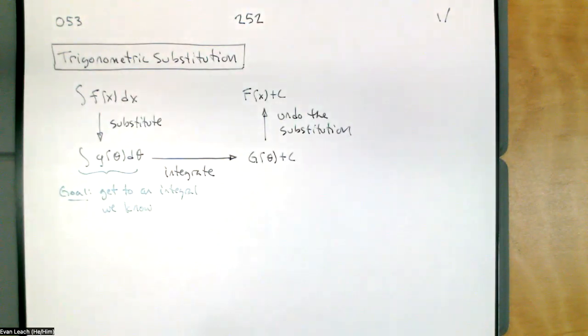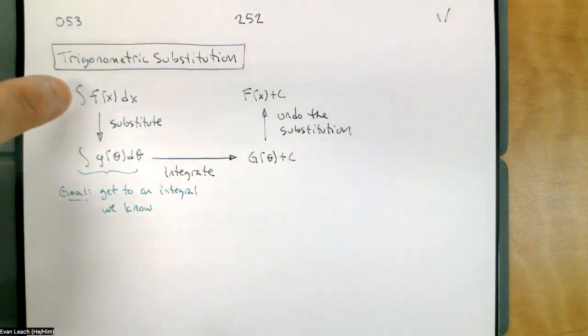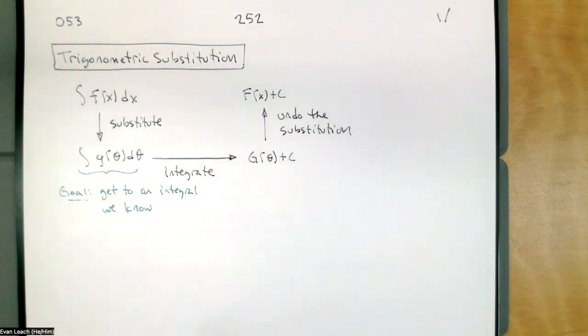The kind of messed up thing about learning about trigonometric substitution is that the goal is to get to an integral that we know how to do, and we're not going to know how to do these integrals initially. We're going to have to come up with a way to get through these integrals. But the point is, take something that we know and apply it to a new problem that comes along.